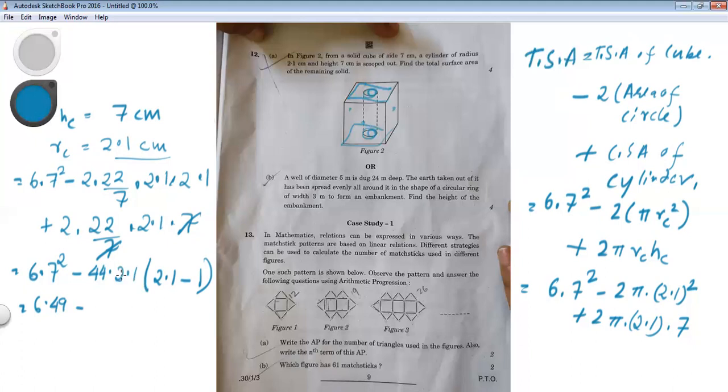It is nothing but 21 by 10, right? 44 into 2.1, if you do, how much will you get? 21 into 4 is 84. And 21 into 4 is 84, which is 92. Right. So 92.4, this is going to come.